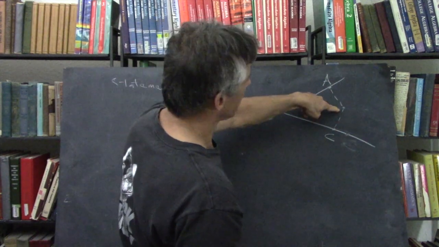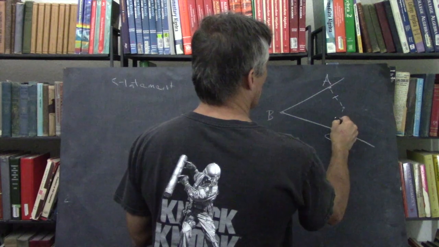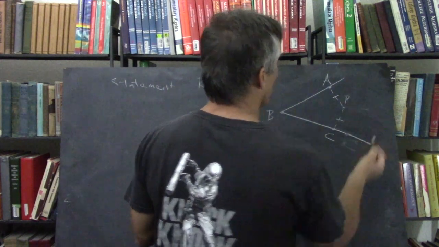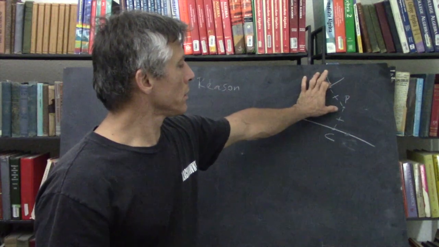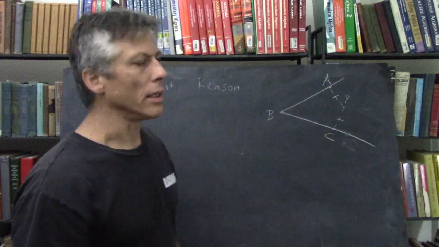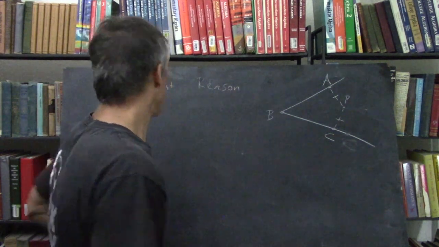Okay, at this point, we're going to say is equidistant from A and C. So that's all we're given. We're given a point, so that AP equals PC. And we want to see if this is on the angle bisector or not.